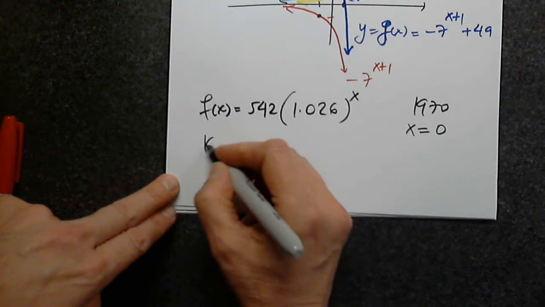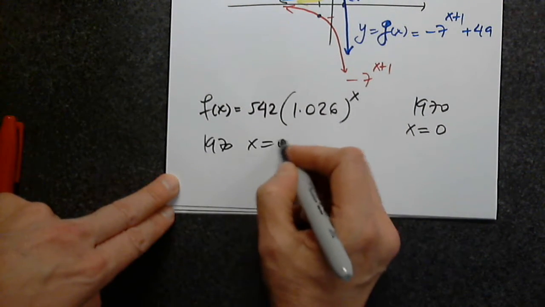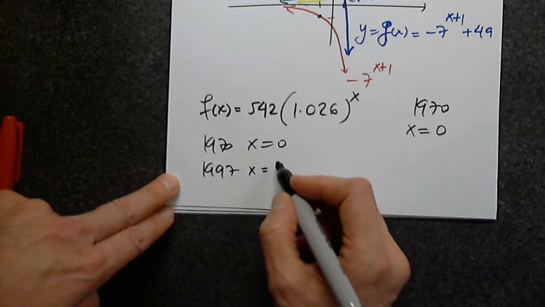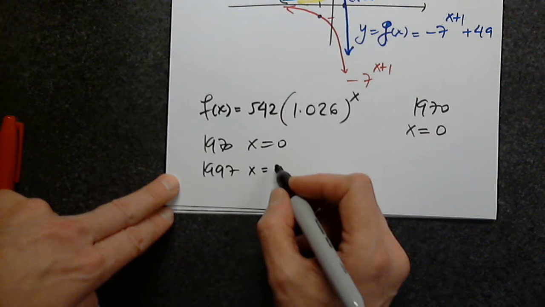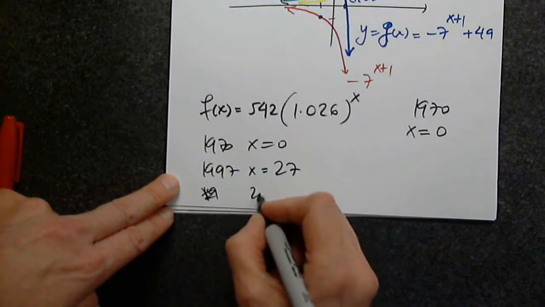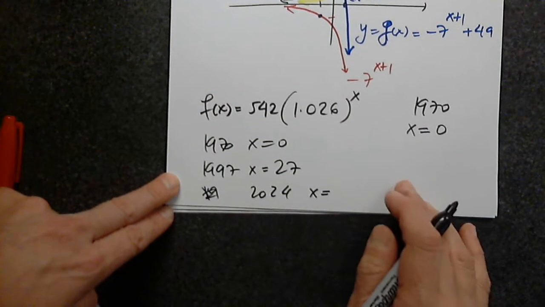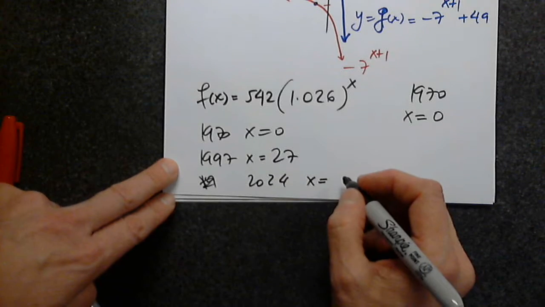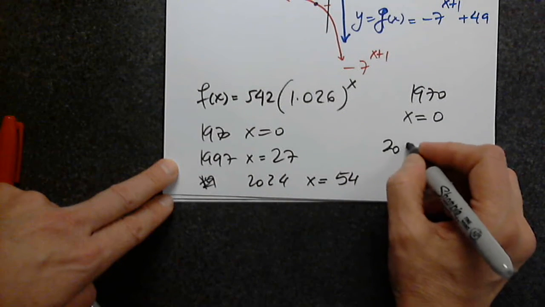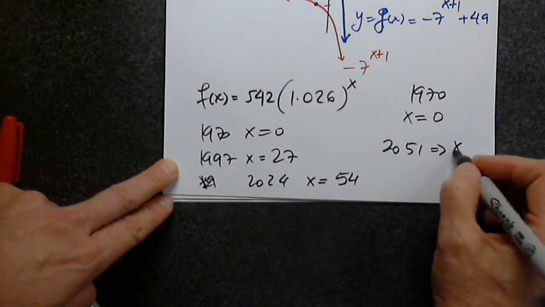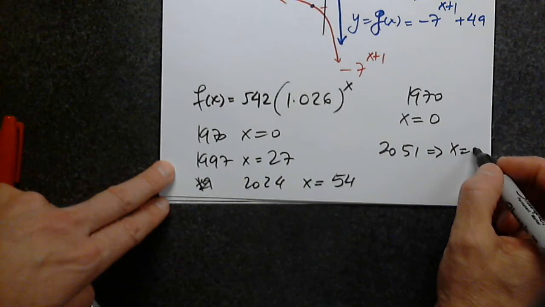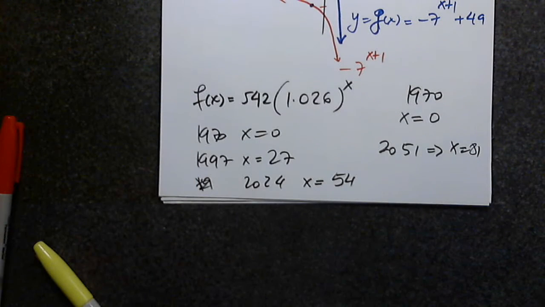So 1970 means x equals 0. 1997 means x equals 27. 2024 means x equals 54. And then 2051 means x equals 80.